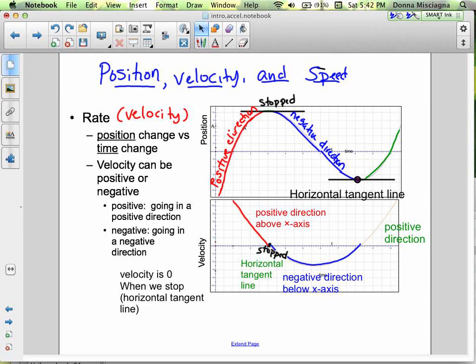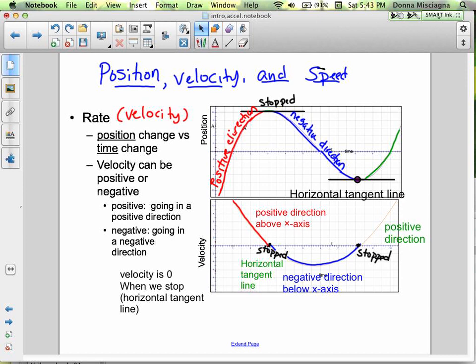Notice that horizontal tangent line corresponds with an x-intercept on the velocity function. So right here we are stopped. The velocity is 0. The y values for the velocity function is just the velocity. So if we're on the x-axis, if our y value is 0 for velocity, then we are stopped because our velocity is 0.